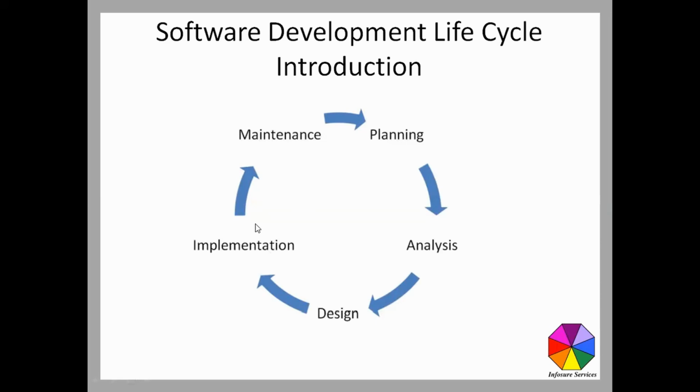So the software module is ready based on all the client requirements, and from the test environment, they make a release into production. That's called a live environment or a production environment.